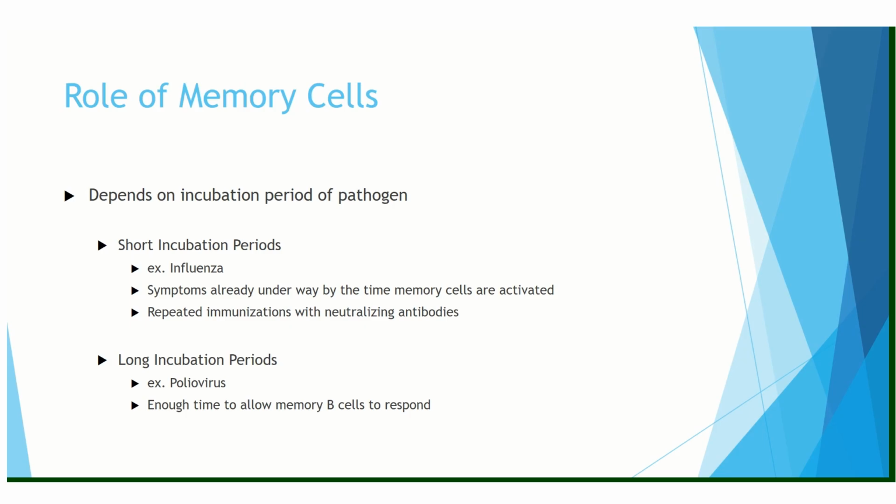That's the main key point of immunization. The memory cell depends on the incubation period of the pathogen. With a short incubation period, for example influenza, symptoms have already ended by the time memory cells are activated. This requires repeated immunization with neutralizing antibodies.